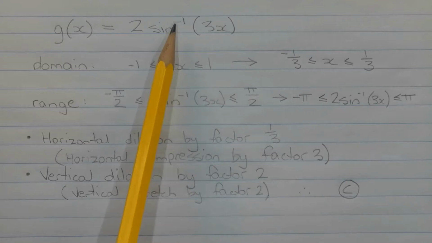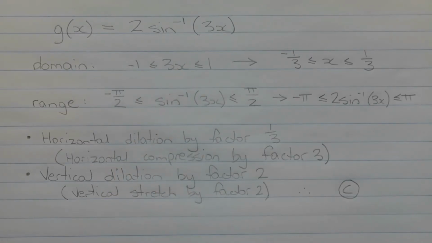From the point of view of the inverse sine function, it will only accept values greater than or equal to -1 and less than or equal to 1. This means 3x has to be a value that's greater than or equal to -1 and less than or equal to 1. Dividing all terms of this three-way inequality by 3 to isolate x, we get x is greater than or equal to -1 over 3 and less than or equal to 1 over 3.